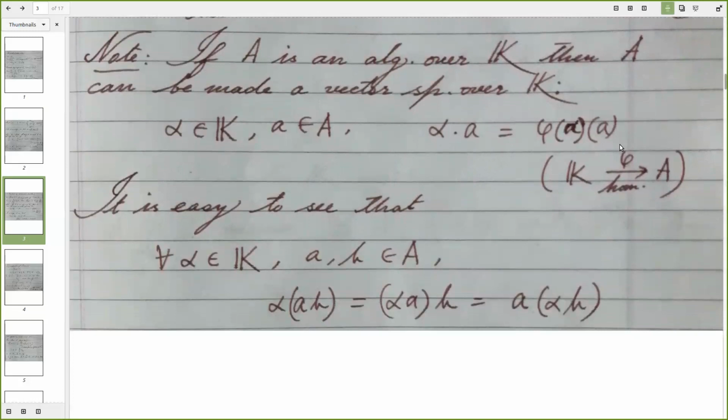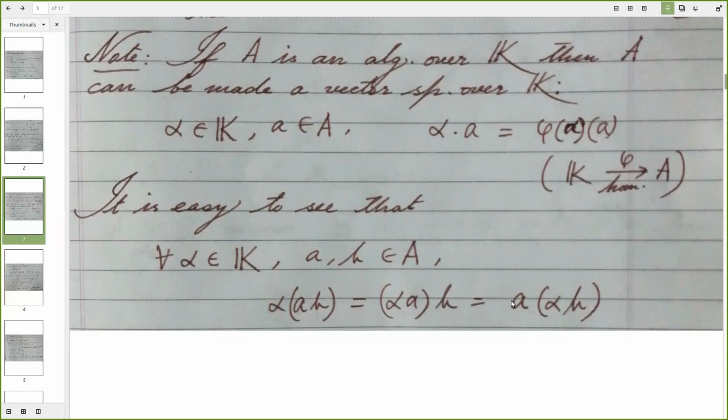So in view of this, it follows immediately that for every alpha in K and a, b in A, alpha times ab is the same as alpha a times b, which is the same as a times alpha b. Note that this is where we need that the image of phi is contained in the center of A, because alpha ab is nothing but phi alpha into ab, then using associativity, phi alpha a b.